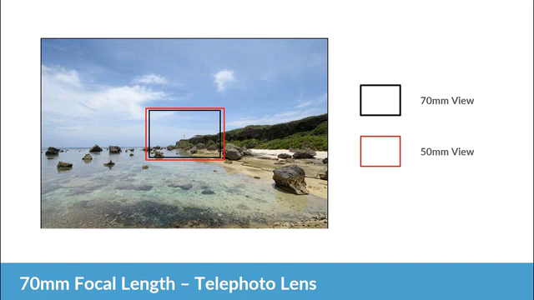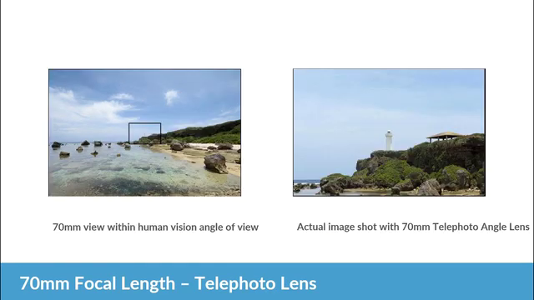Okay, so it's not too much of a difference compared to the 50mm, but it is that little bit closer. So if we have a look at the photograph that we take with that 70mm, as you can see, it's getting that little bit closer now to the lighthouse, almost to the point where we're almost not even seeing the beach at all, compared to our full angle of vision.